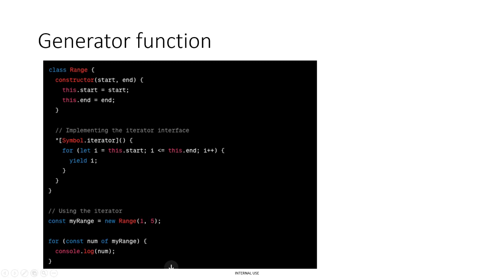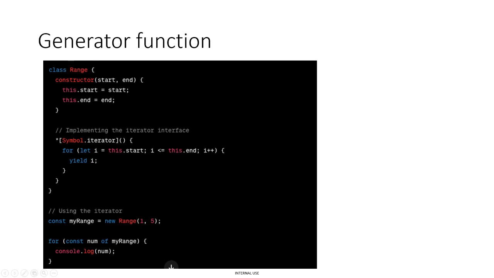This is going to look a little bit different because we're defining a class here, Range, but eventually we're creating an object of Range. Range has a constructor of a start and an end, so a range of numbers. You give it a starting number and an ending number, and then you implement an iterator interface that basically goes from start to finish.